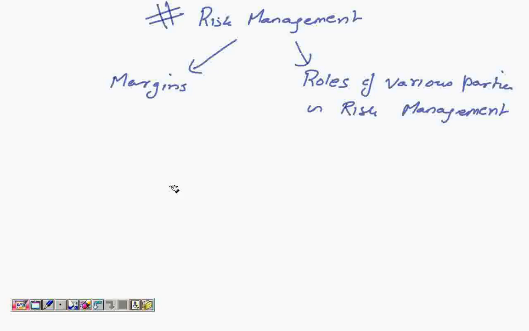But from the margins point of view, let's look at the margins which are involved first, and then we'll perhaps look at the rules, right? So in margins we'll be looking at the margins that have to be maintained by the clients. So we're looking at some kind of initial margins. We'll also look at some kind of portfolio margins, which is again an aggregate kind of situation.